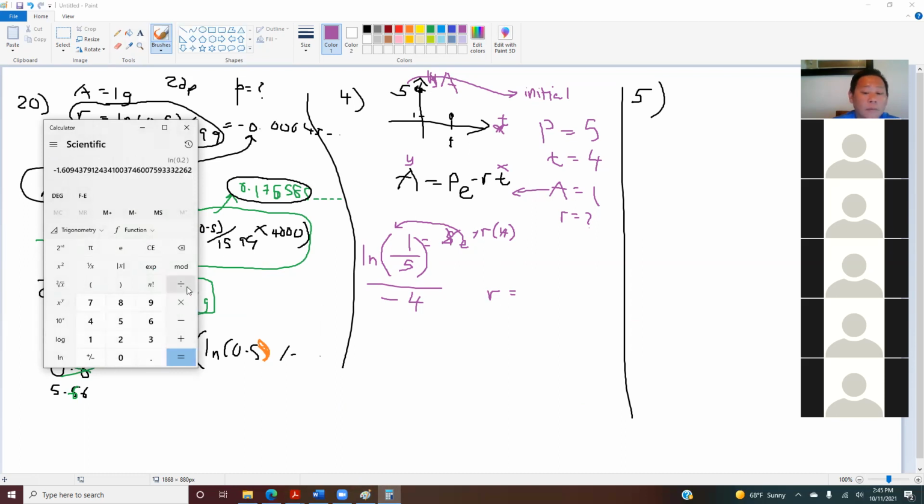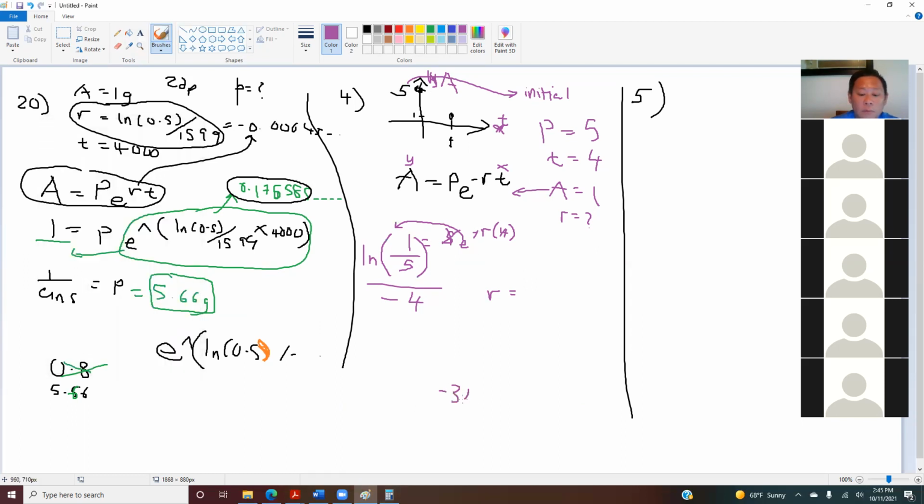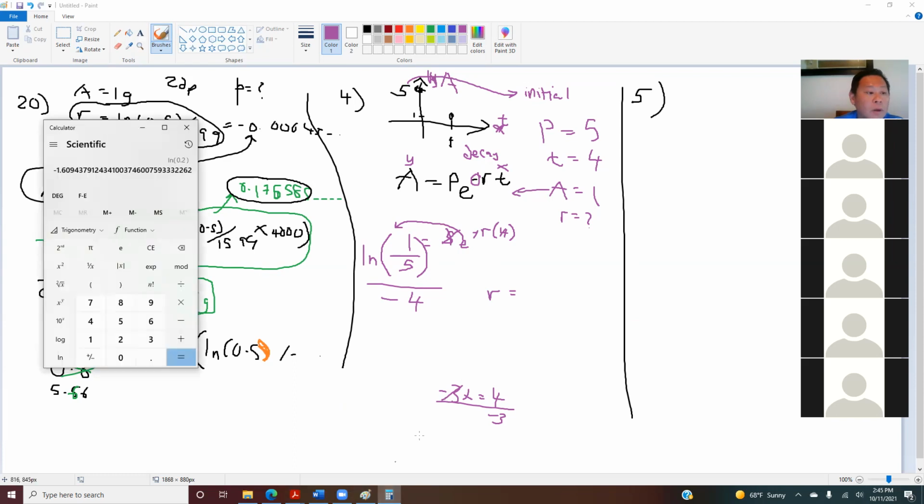Why does it become negative if we're dividing by it? We are solving, so we just need to divide by a negative number. It has a negative here because it's a decay function. That's why the negative is there. I got 0.402359471.